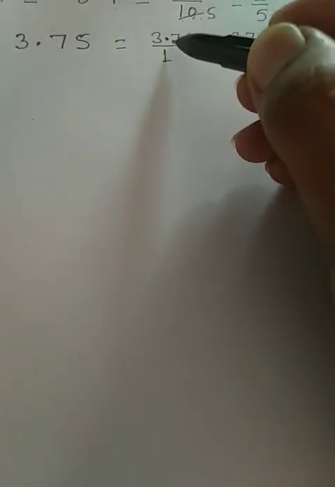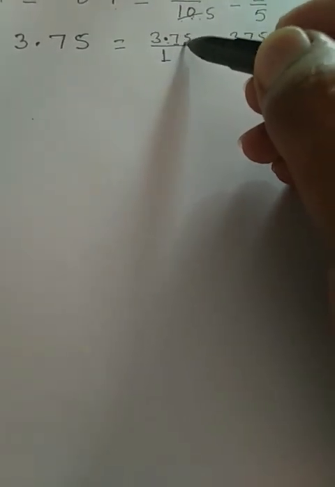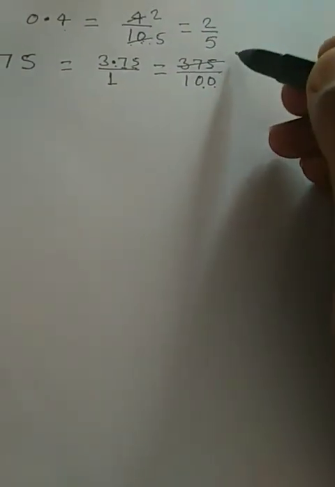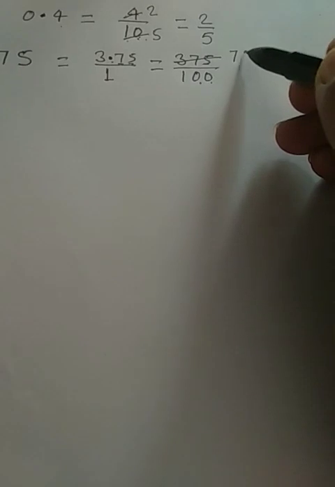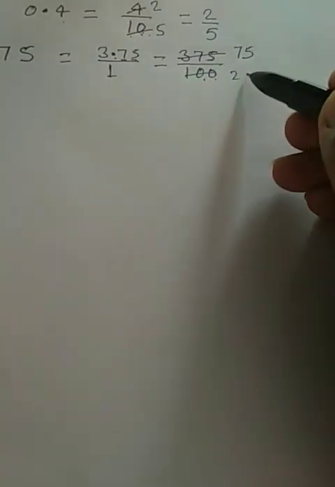Next, 375 by 100, because on the right side of the decimal there are 2 digits, so we have to put 2 zeros, and then we have to reduce these two numbers. We can divide by 5 at least. So 5 sevens are 35, 5 fives are 25, and 5 twenties are 100.